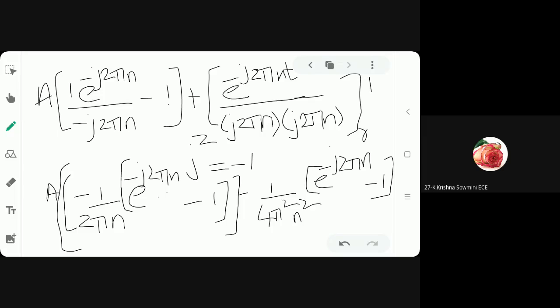Now what is e power minus j 2 pi n value? E power minus j theta will be cos theta minus j sin theta, right? In the similar manner, what is e power minus j 2 pi n? Cos 2 pi n minus j sin 2 pi n.